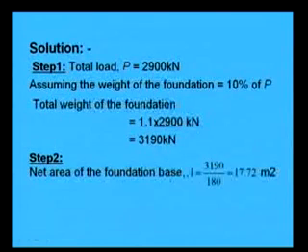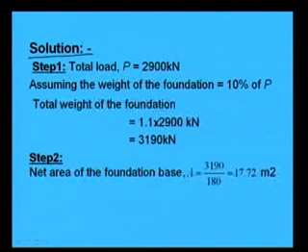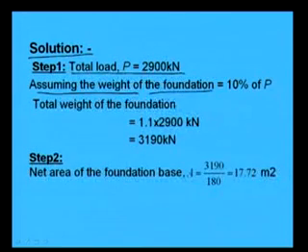So, we will solve this problem step by step, steps already we have discussed. So, following those steps, let us try to solve the same problem. So, in step 1 we know that the total load is given, that is 2900 kilonewton, and we will assume the weight of the foundation as 10% of the total load.